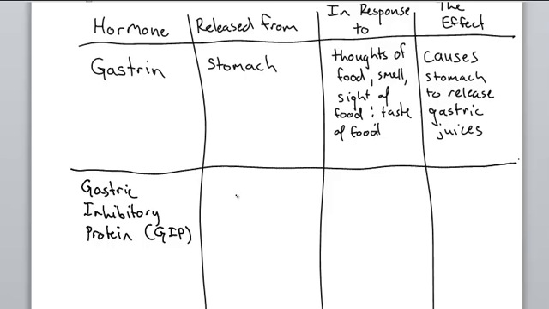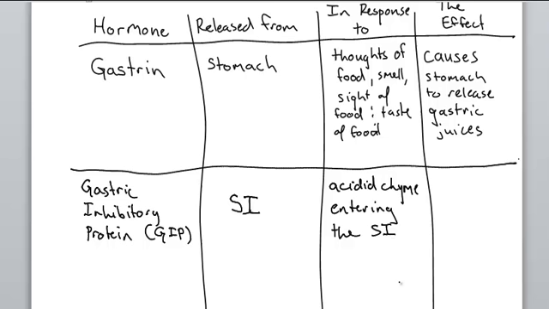And it's released by the small intestine into the blood, and then it works on the stomach. So it's released in response to acidic chyme entering the small intestine.